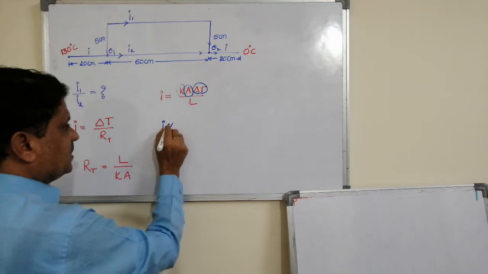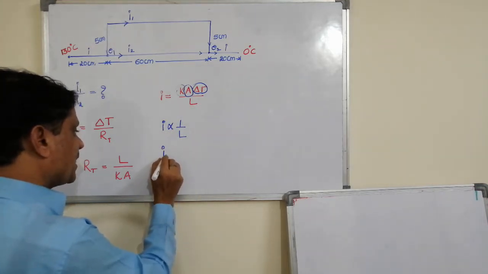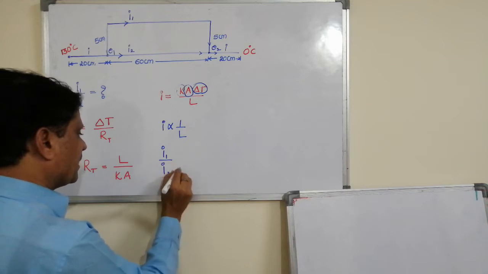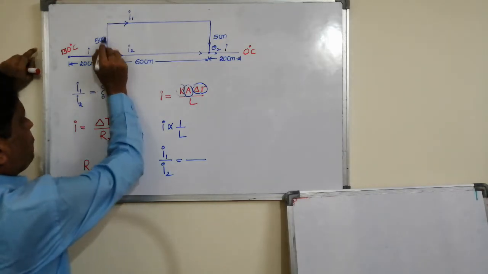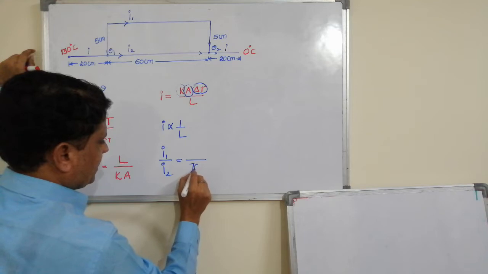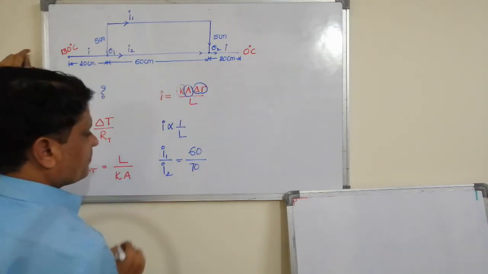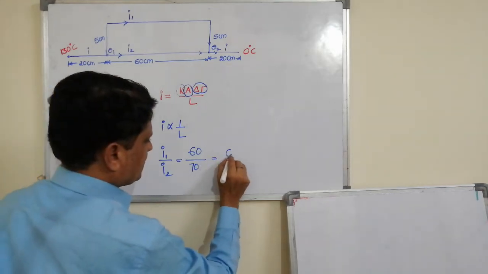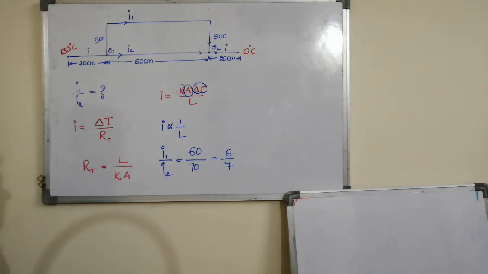Then current is inversely proportional to length. So today I want I1 by I2. Inversely, length of this I1 path is 5 plus 60 plus 5, total 70. For I2, length is 60. Therefore, the answer is 6 by 7. Please note down.